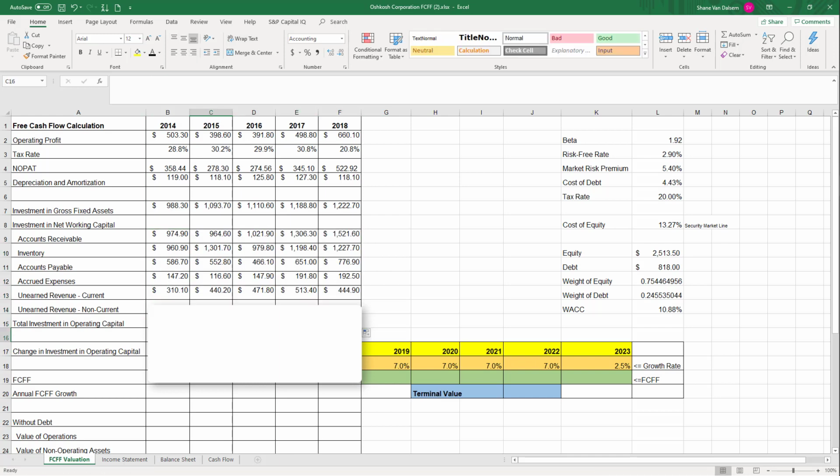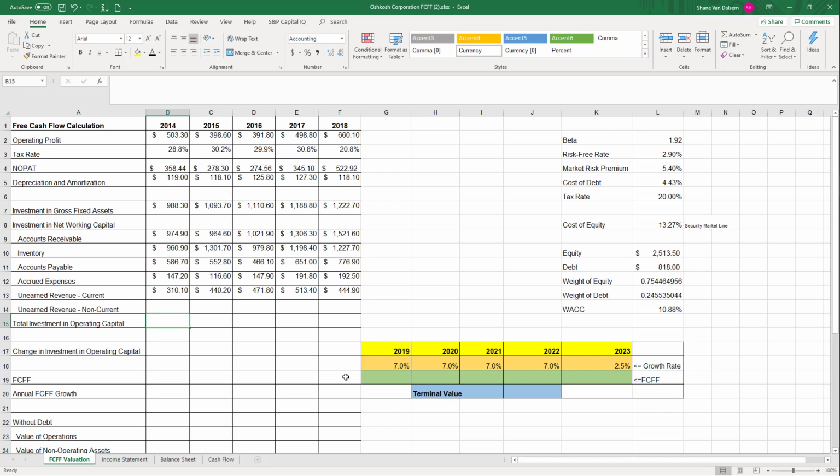all the way there. So the total investment in operating capital is equal to the gross fixed assets plus the sum of accounts receivable and inventory minus the sum of accounts payable, accrued expenses, and unearned revenue.